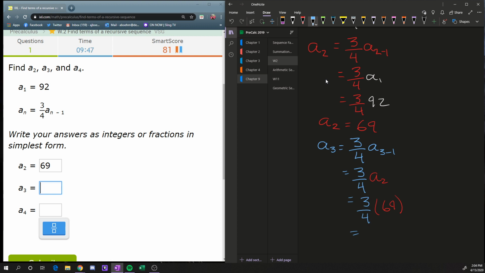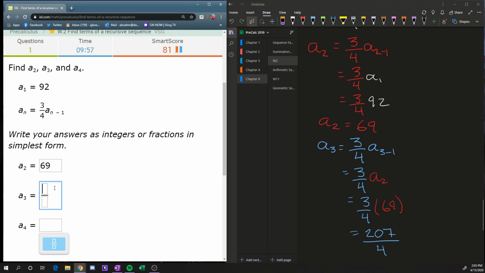And then when we do that, we get 207 divided by 4. And I'll pause there.